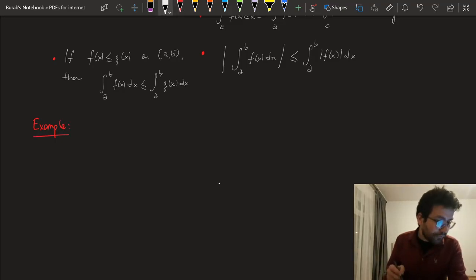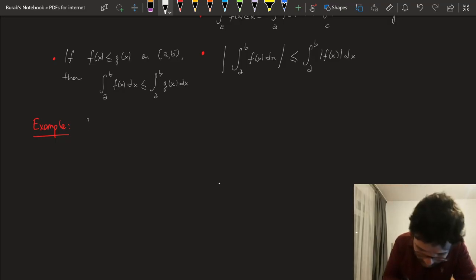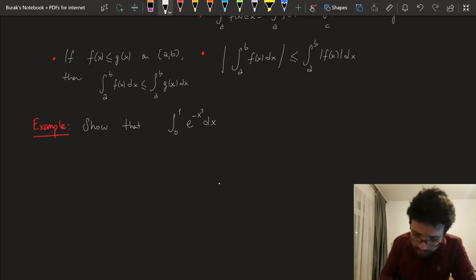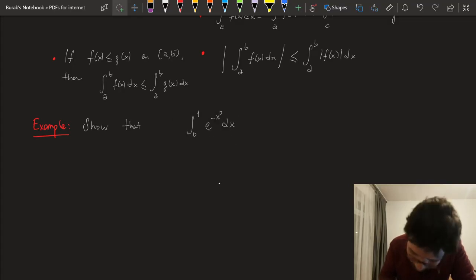So let's solve this. Show that the integral of e to the power minus x cubed from 0 to 1 is between 3/4 and 1.